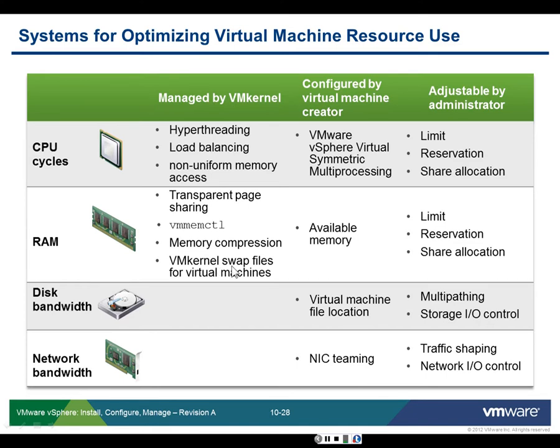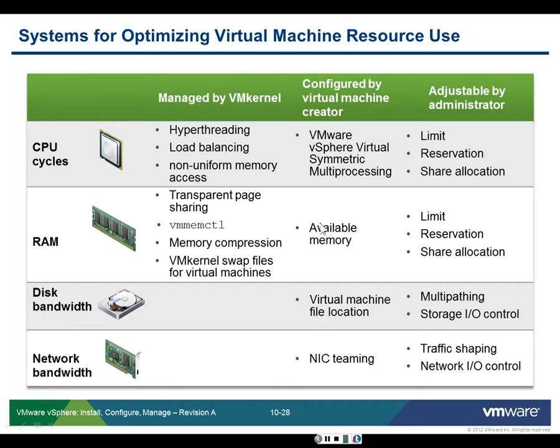And then there are other methods for optimizing the virtual machine which are configured by the virtual machine creator, such as assigning enough virtual CPUs. The more virtual CPUs you have, the more processing power the virtual machine will have.